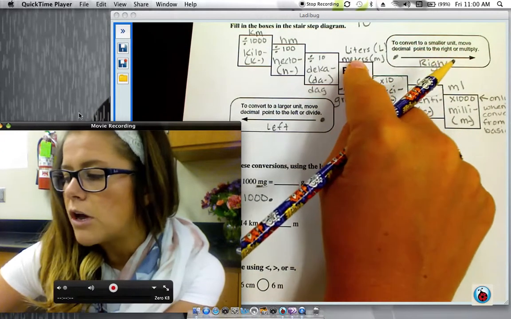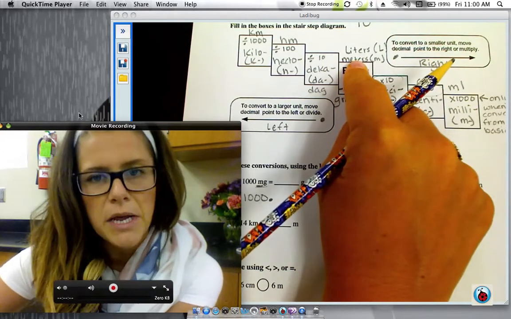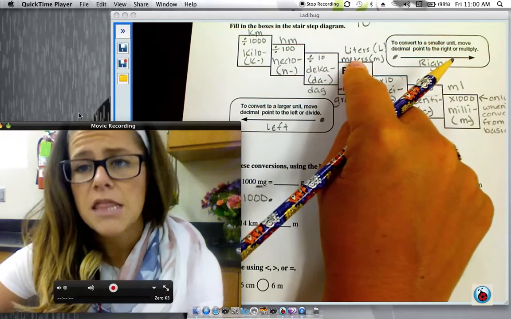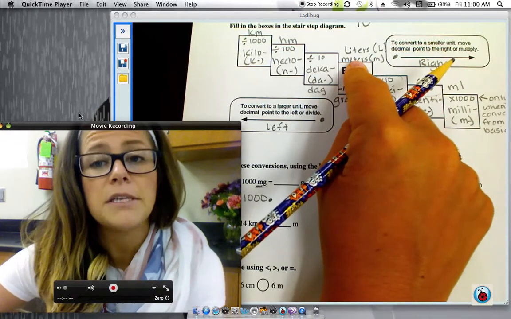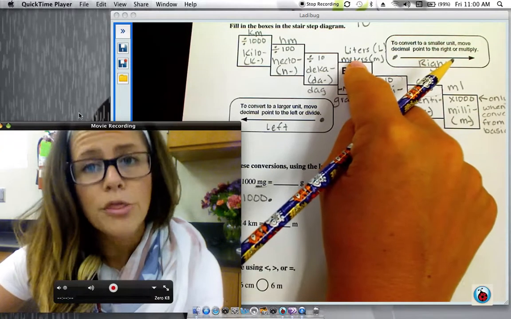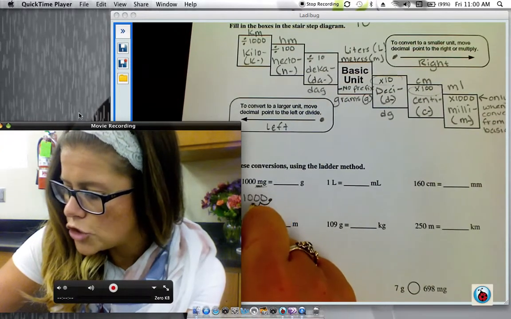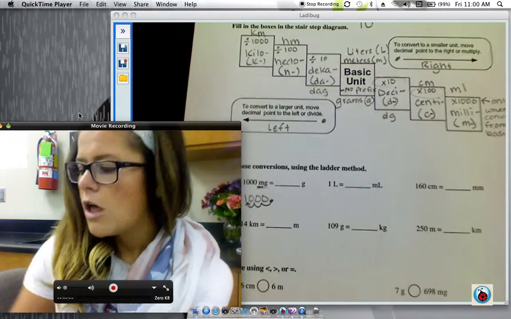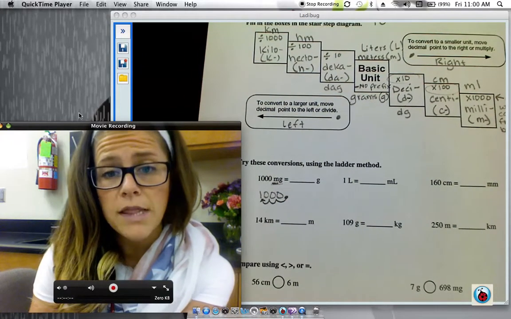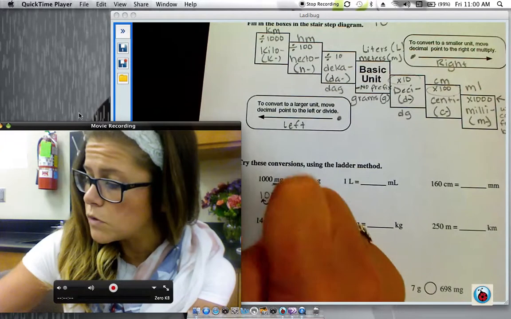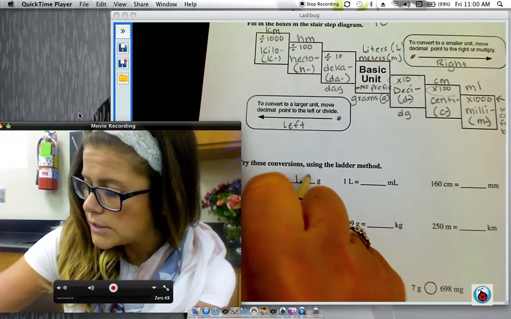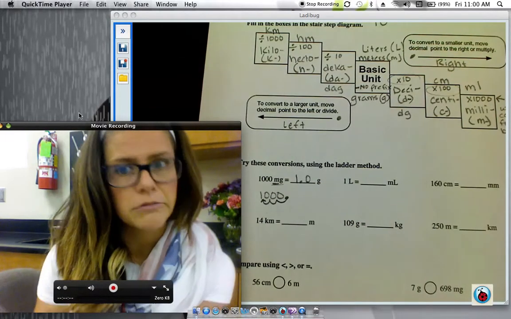We have to go to the left 3 spaces. That means we're going to have to move our decimal 3 spaces to the left. So we go 1, 2, 3. That means that 1,000 milligrams is equal to 1.0 grams. Pretty simple. Let's try another.